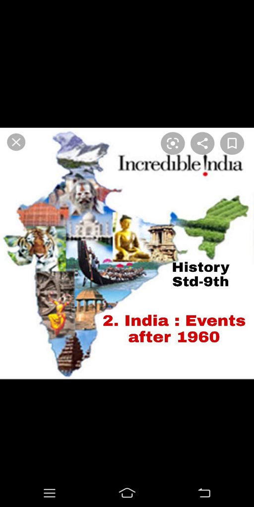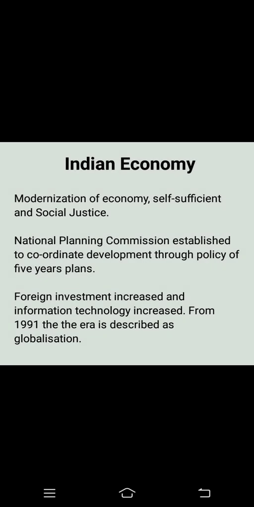The first topic of this part 2 video is Indian economy: modernization of economy, self-sufficiency and social justice. After struggling with all these problems, we started focusing on the economy. We need money for the country's development.